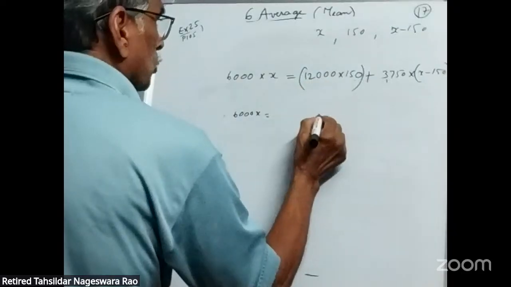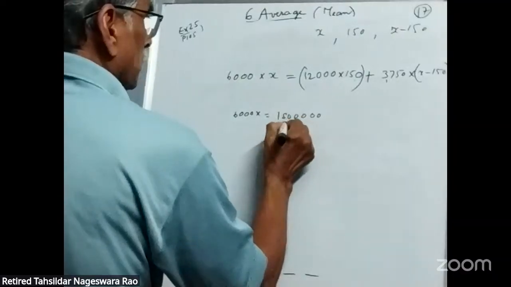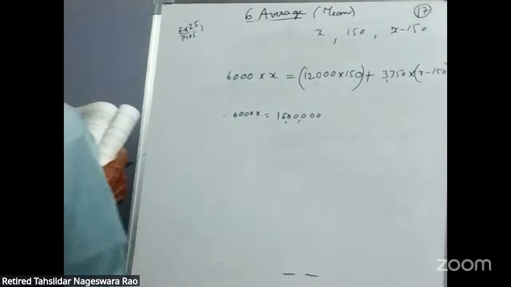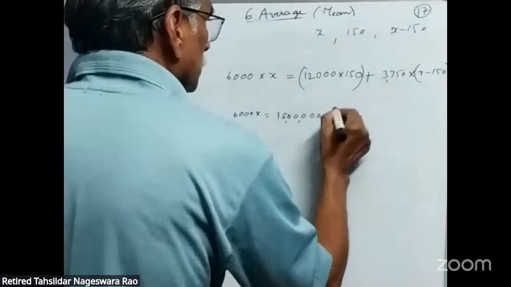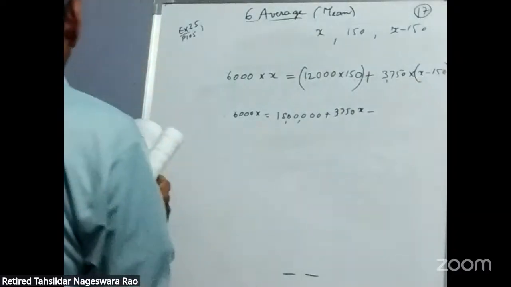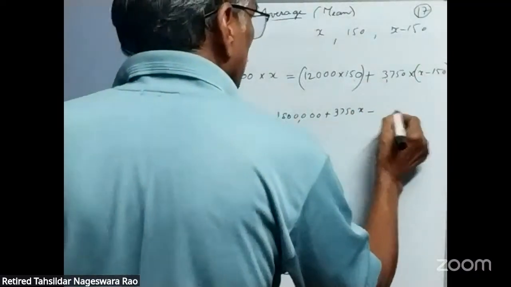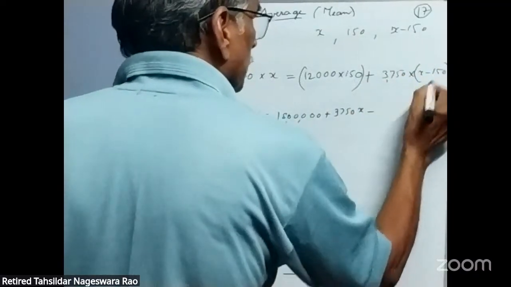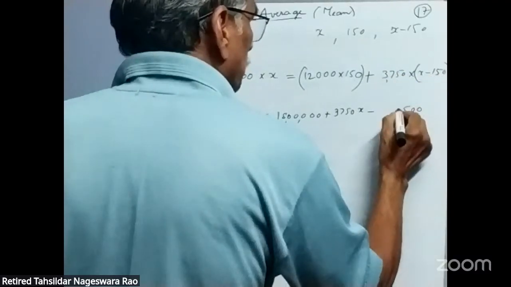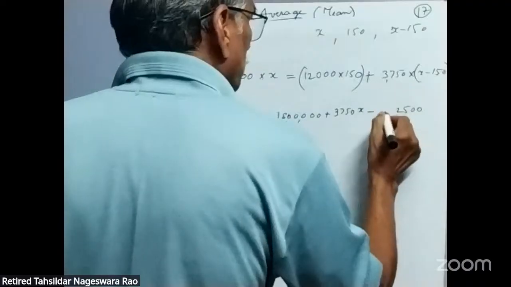Look, 4 zeros, 1 2 3 4 zeros, 15 into 18, 180, 80 lakhs, plus 3750 x minus 50 into 150, minus 2 zeros, 15 into 5 75, 7, 105, 7, 112, 11, 15 into 3 45, 11, 56.